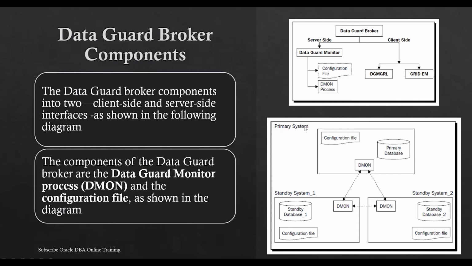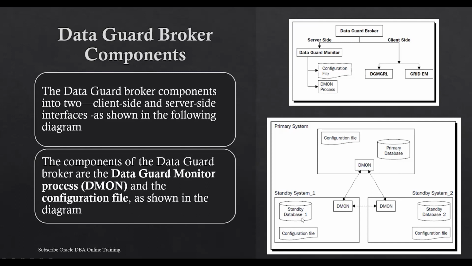So managing the standby database can be done using the Data Guard broker. We have the primary system and the standby database. On the primary side, you will have a separate configuration file associated with the primary site's information. Then on the standby side, if you have multiple standby databases, that means multiple configuration files will be associated.